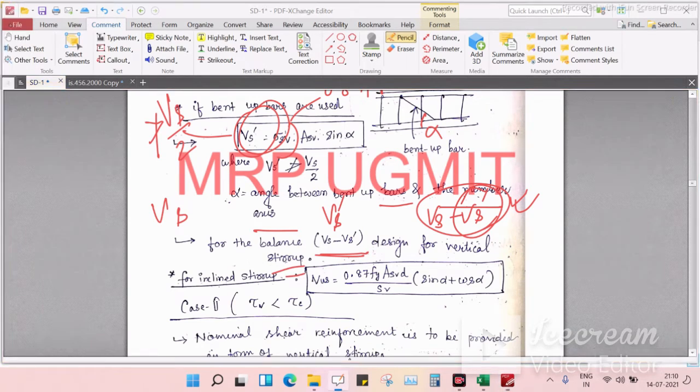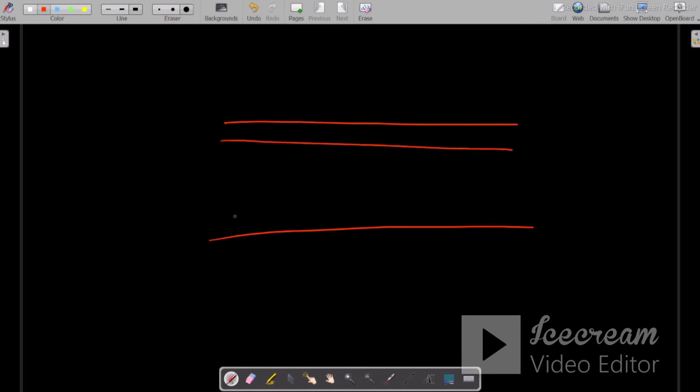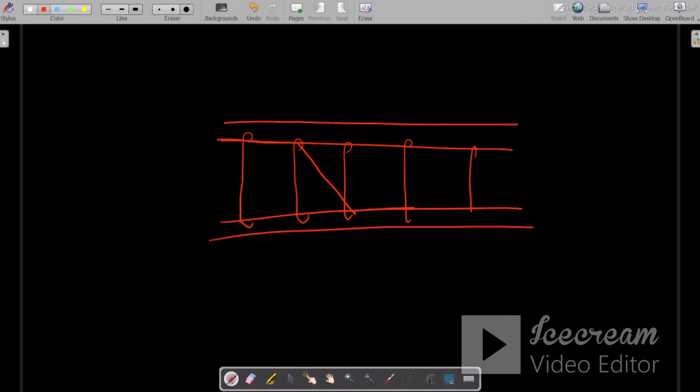So let me tell you what is happening here. Suppose this is our beam. This is the main bar. Suppose we have used vertical stirrups, and along with that we have used bent up bars. The bent up bars shear value is Vs dash.